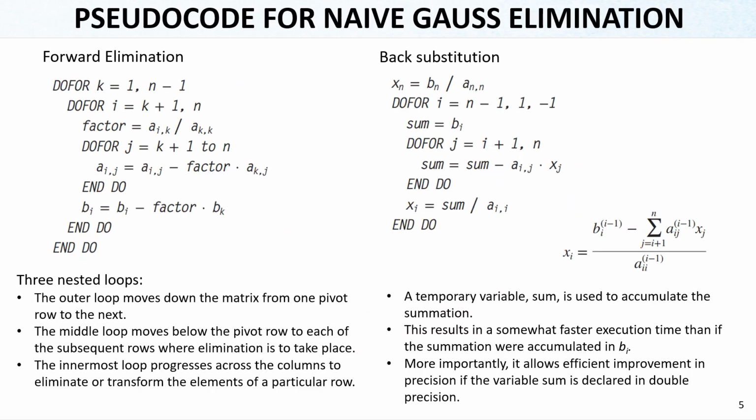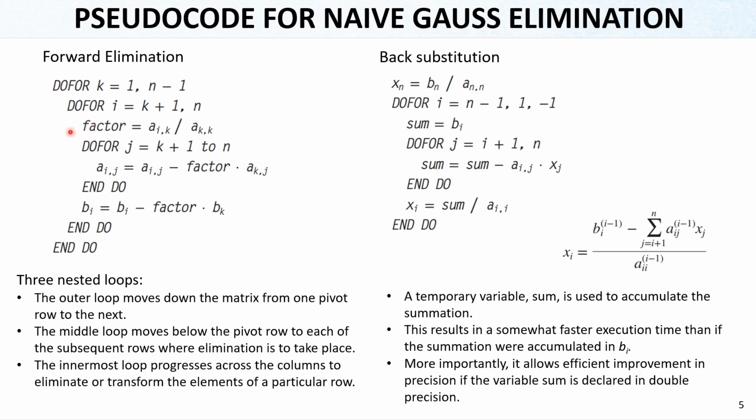In this slide, you can see the algorithm for naive Gauss elimination. First, the forward elimination pseudocode you can see here. Simply, we will have a division because we divide the second equation's first term by the first equation's first term, so that we can eliminate the second equation's first term. And do the same for the remaining ones by using this factor.